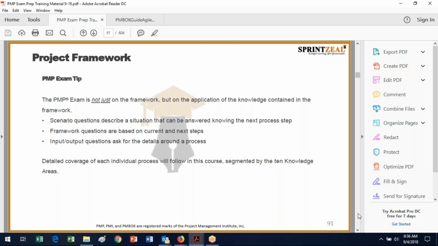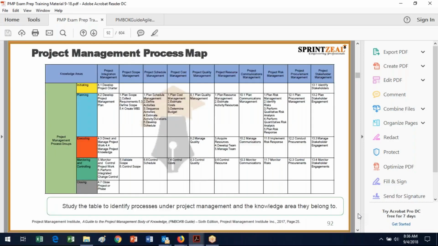So next we're going to talk about the 10 knowledge areas and each of the individual processes. So here is the chapter 25, or the page 25 figure that I was talking about, oriented the other way. So this lays out across the top the 10 knowledge areas, down the side the 5 process groups, and then the 49 processes within where they're slotted in the matrix.